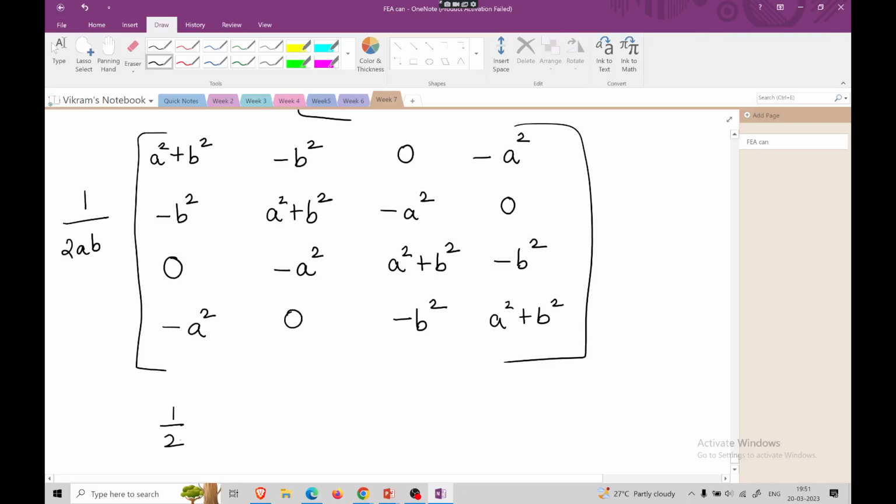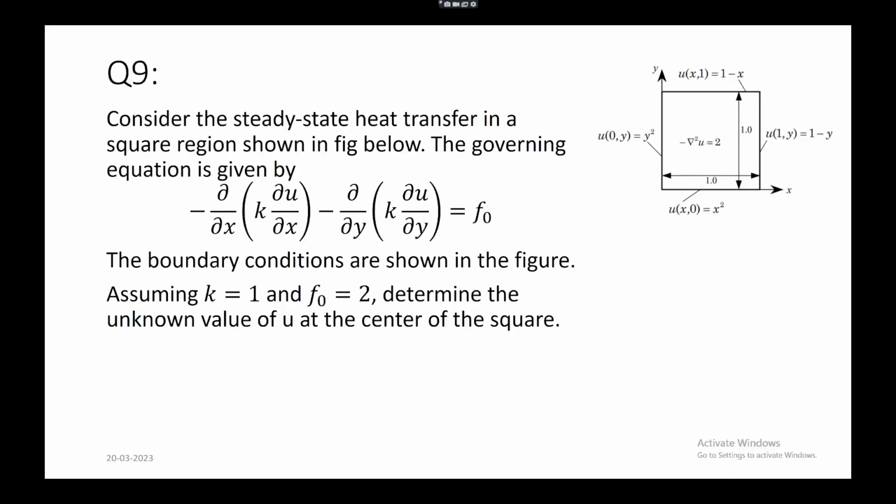Is there any symmetry in this question, do you think? Based on the geometry, the boundary conditions, and the differential equation? Yes. The differential equation is symmetric, right? Can you find a plane of symmetry here? We'll try one by one.